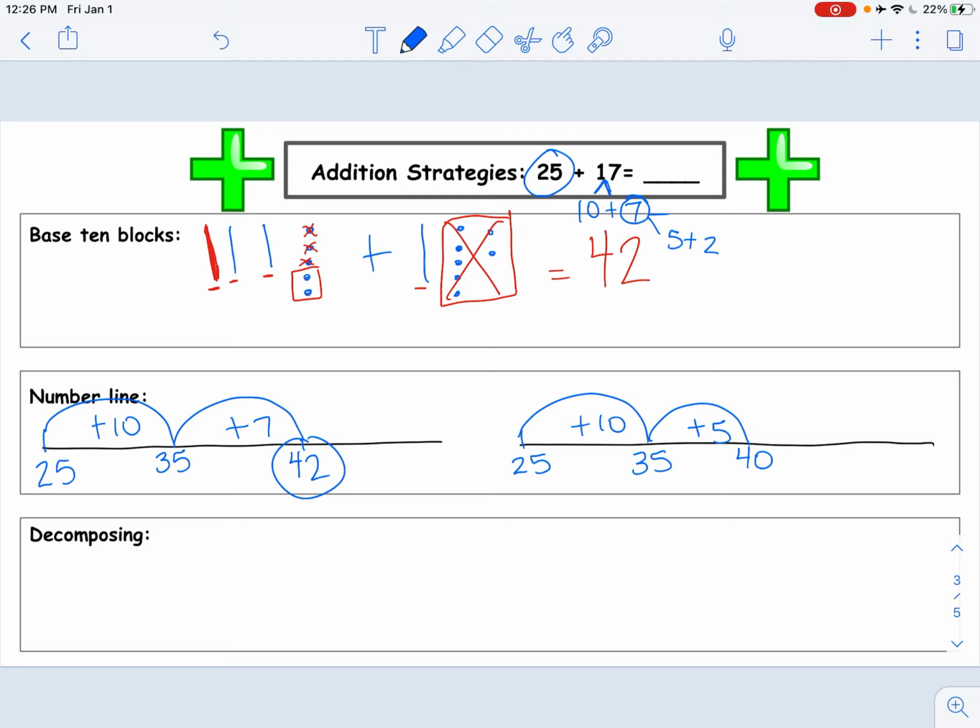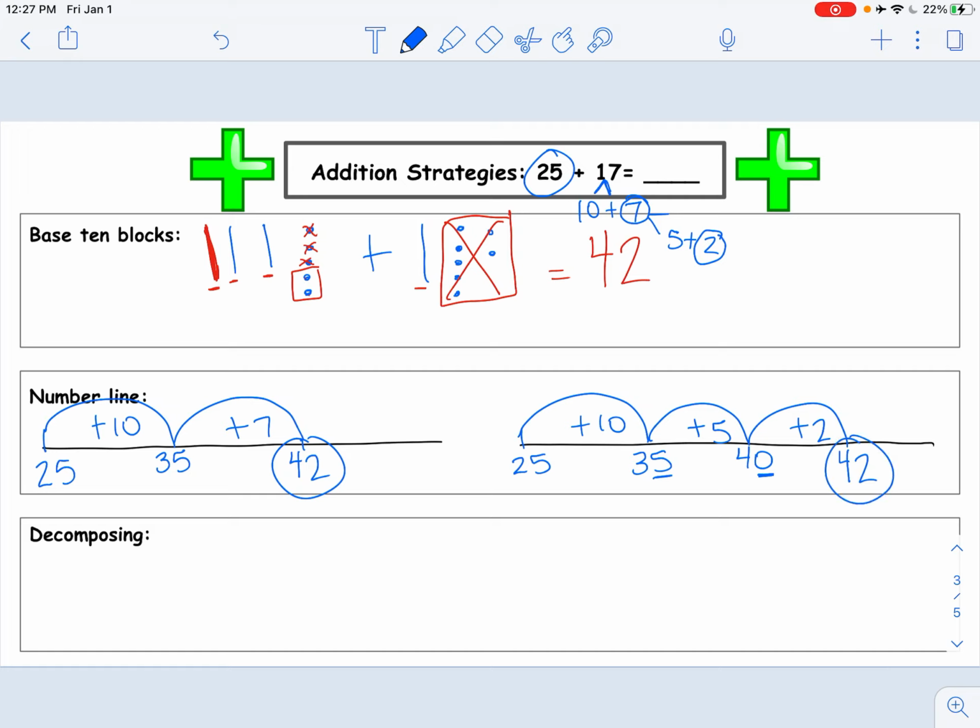We really encourage students to work with friendly numbers. What that means is a number that ends in 0, or even numbers that end in 5 are a little bit easier for students to work with. So now from that 40, I just have to add on this 2, and 40 plus 2 is 42.